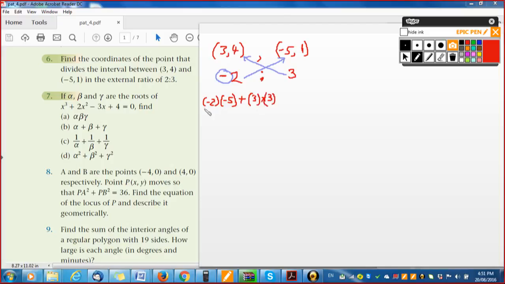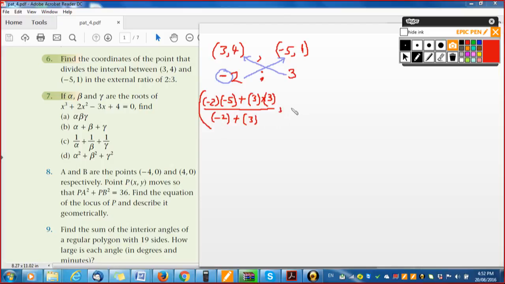All over -2 plus 3. So that's going to be the x-coordinate of the point of division.